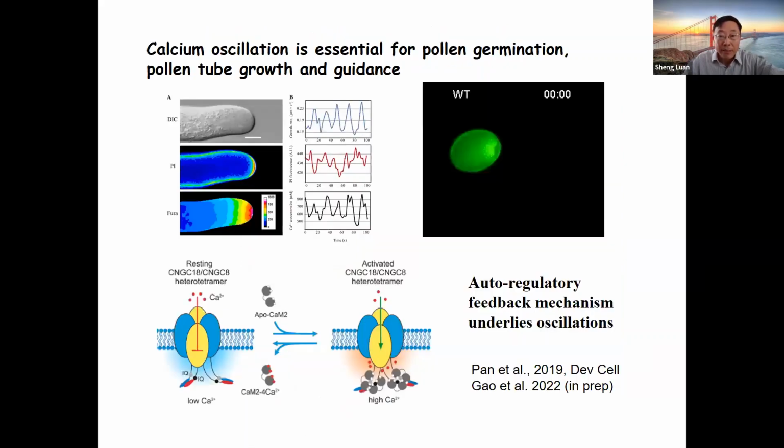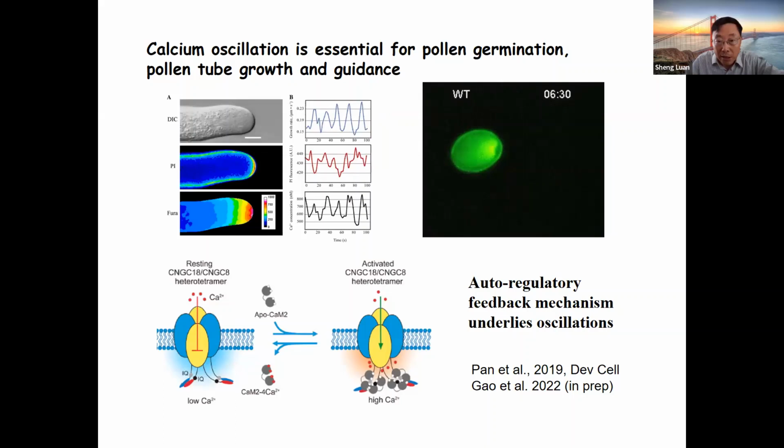By basically giving you a sense of the real-time dynamics of the calcium, this is a pollen grain. I'll show you. You see this focal point of calcium. This is where the pollen tube is going to emerge.